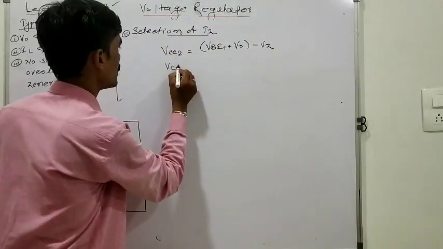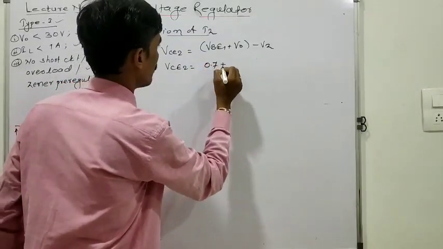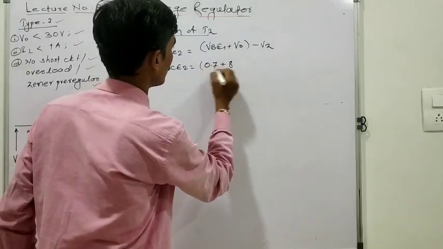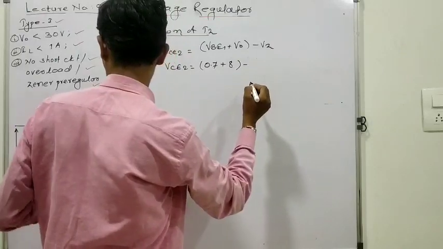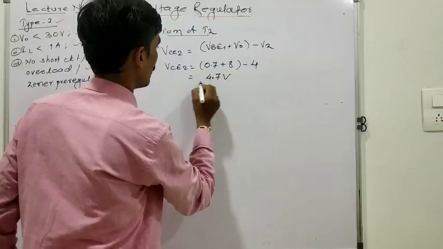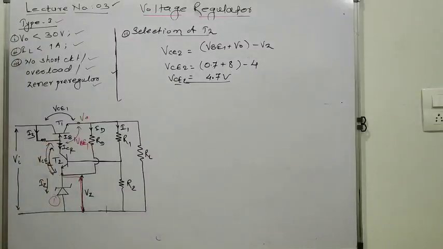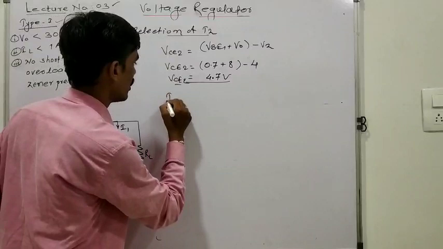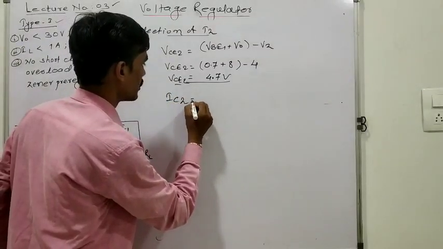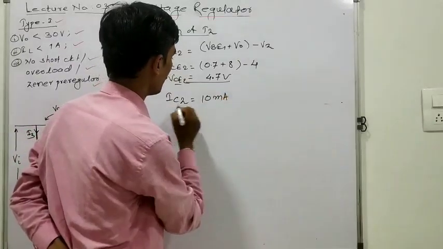So VCE2 is equal to VB1, which is 0.7, plus VO, which is 8 volt, minus the voltage across the Zener, which is 4 volt. So it is 4.7 volt. 4.7 volt is the voltage across the transistor T2, that is the VCE2. Next we have to calculate the current flowing through this transistor, that is IC2. We already assumed the value of IC2 to be 1 to 2% of the load current, and it is 10 milliampere.